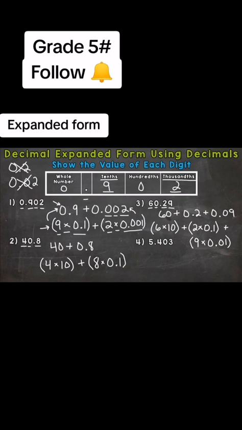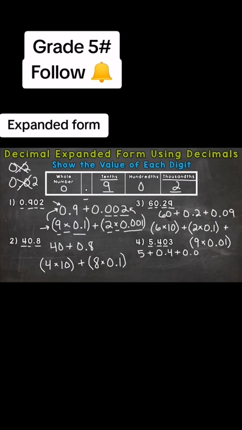Lastly, number 4, we have 5 and 403 thousandths. So we'll start with this 5, which has a value of 5 because it's in the ones place, plus the value of the 4 is 4 tenths, plus our 0 here, which we can skip, which is in the hundredths. So let's go to the thousandths, where we have a 3.